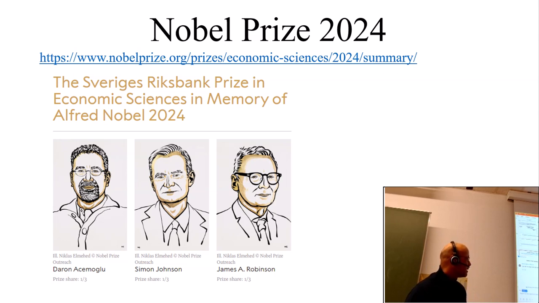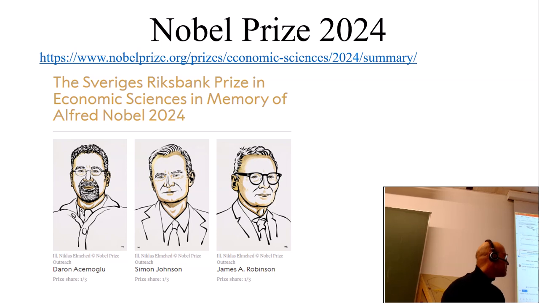Well, of course, here we have these three guys, Daron Acemoglu, Simon Johnson, and James Robinson, and they got more or less their Nobel Prize because they looked for a long, long time period, even longer than I did. Well, I showed you where the circular flow came from, also 300 years ago, and they also looked at how developed countries developed economically, and of course, they looked mainly at how they performed in GDP growth.